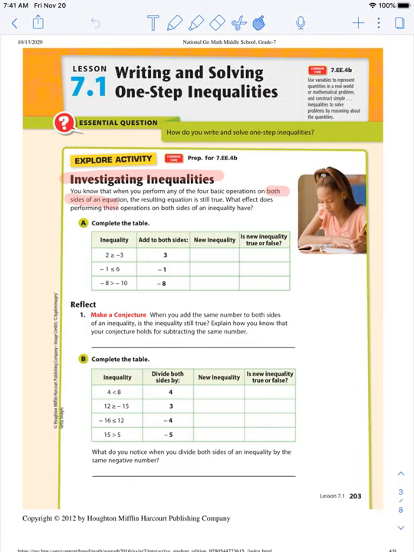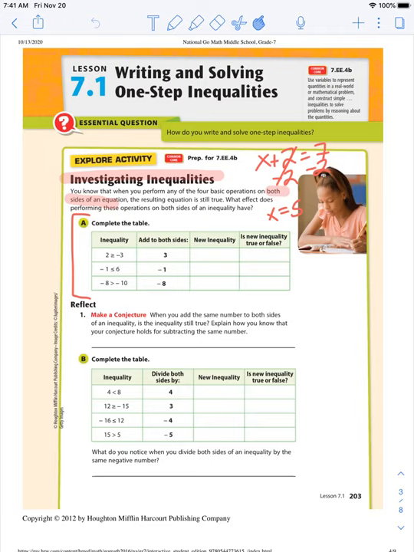So in Chapter 6, when we had x plus 2 equals 7, we subtract 2 from both sides, so we just perform subtraction. But to both sides, the result is true, so x equals 5, and then we consider that our solution. So there are no variables in this example, table A, but we're going to see if when we add to both sides, the new inequality is still true.